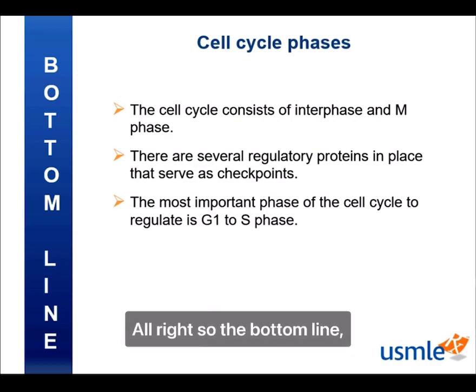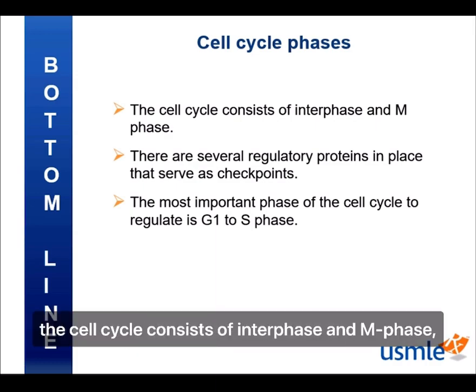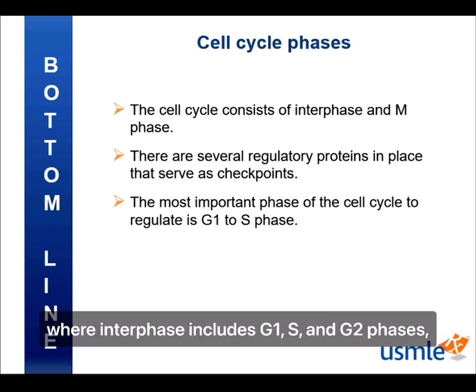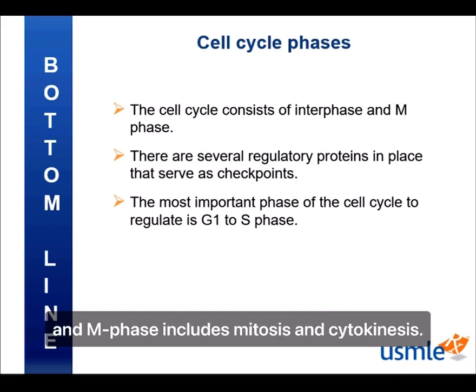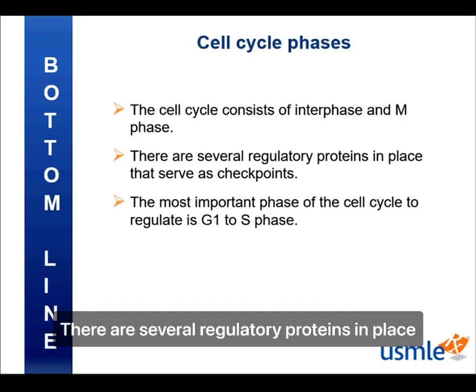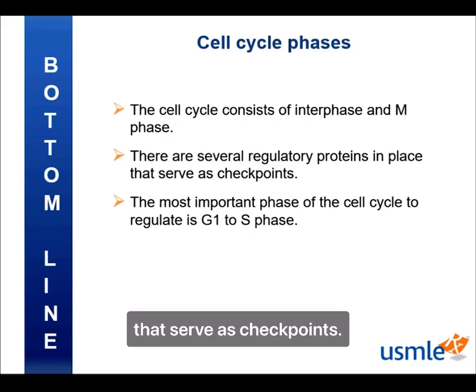Alright, so the bottom line. The cell cycle consists of interphase and M phase, where interphase includes G1, S, and G2 phases, and M phase includes mitosis and cytokinesis. There are several regulatory proteins in place that serve as checkpoints.